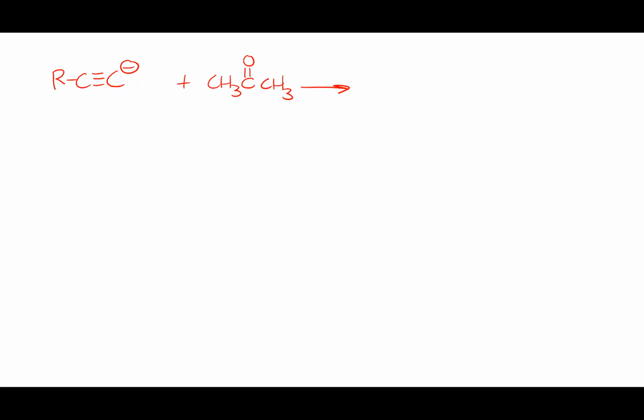We had an alkynyl anion, a strong base and strong nucleophile. What did it do here? It attacks the carbonyl because it's a strong nucleophile.